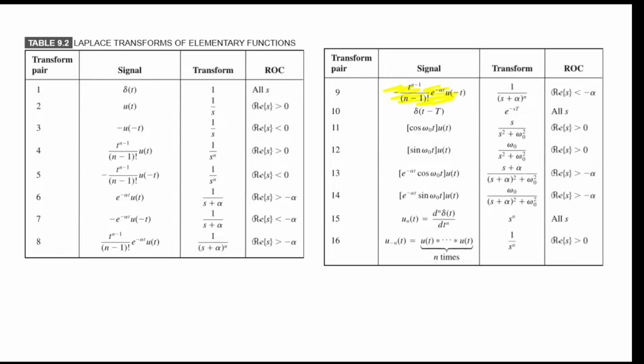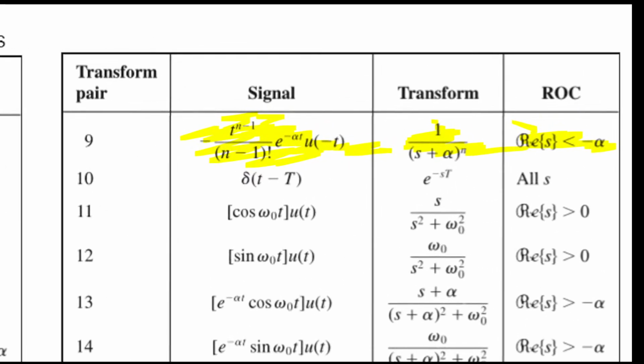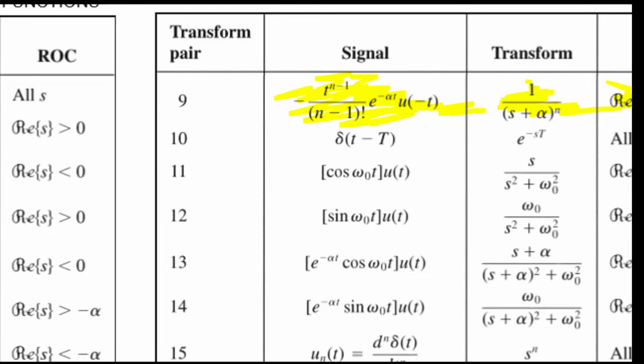It's the inverse Laplace transform of a higher order fraction when the ROC is left-sided. We have 1 over s plus a to the n, and with the ROC to the left side, its inverse Laplace transform will be very similar to the first order case.